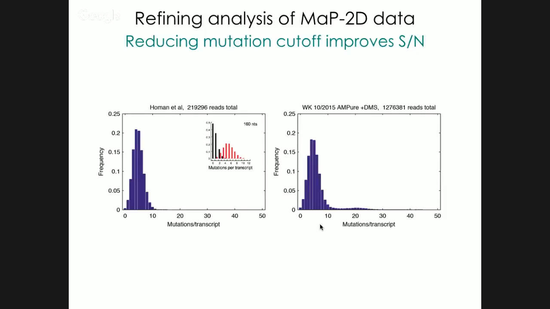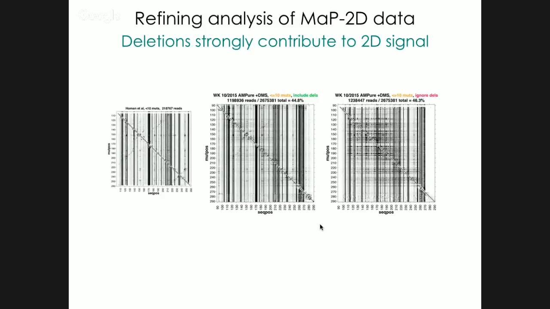So then I also tested whether deletions were potentially an important source of the two-dimensional signal in their data set, in the mutational profiling data sets. The reason is that the primers that we use to assemble the DNA templates for our RNAs are ordered from IDT, which is a company that synthesizes primers and oligos.